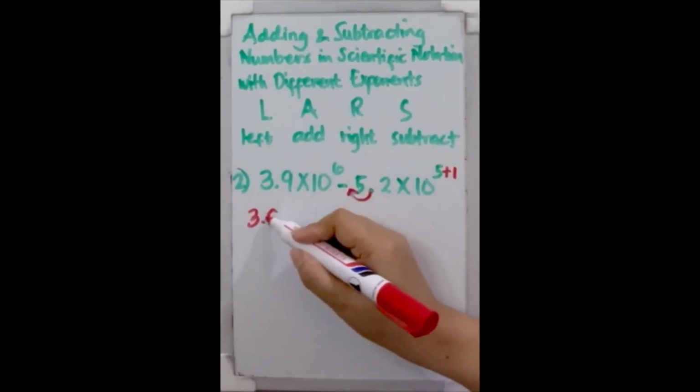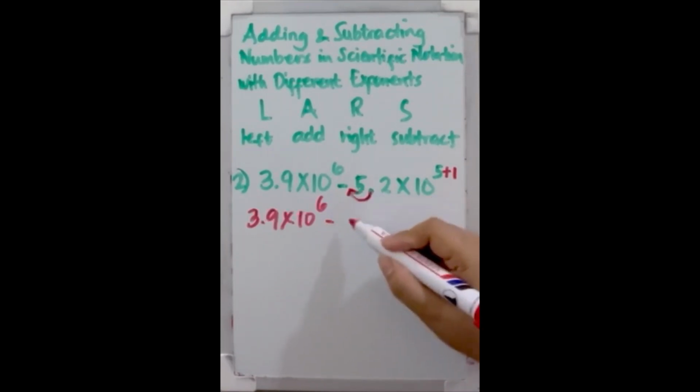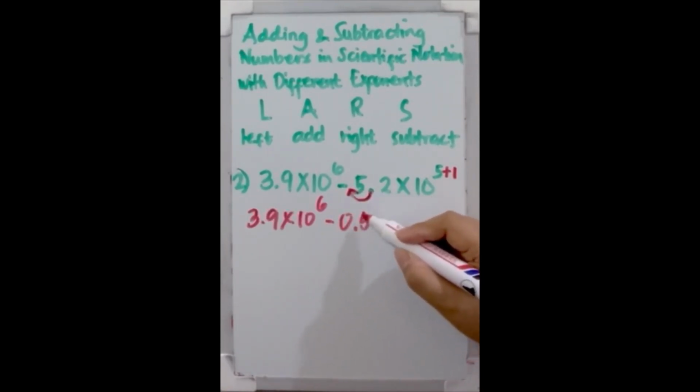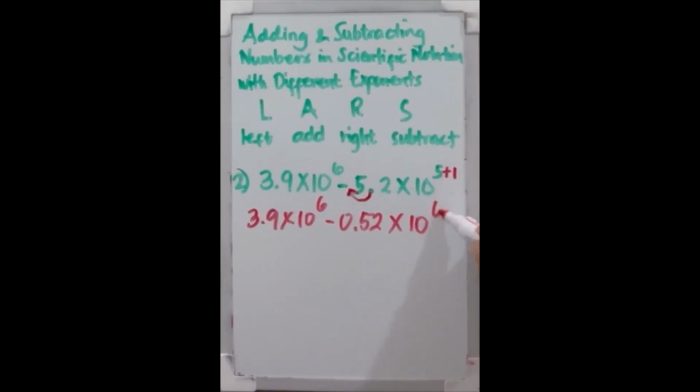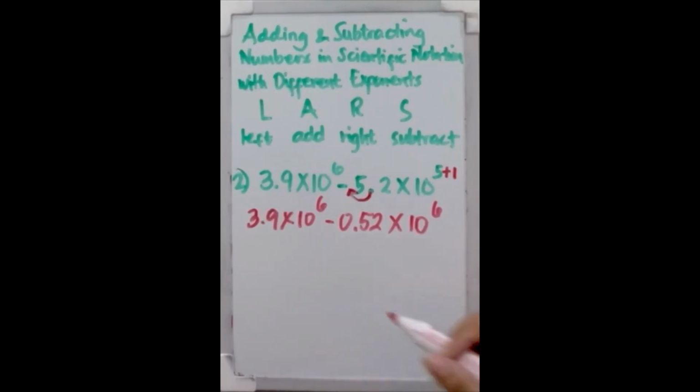Let's rewrite 3.9 times 10 raised to 6 minus, this will become 0.52 times 10 raised to 6. Now you have the same exponents. We can now subtract. 3.9 minus 0.52. We will make this 3.90.